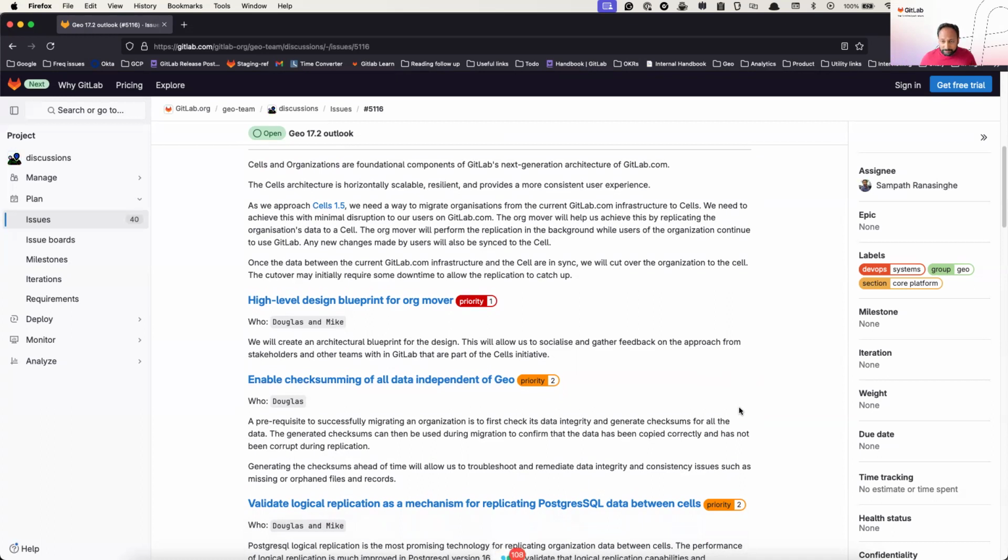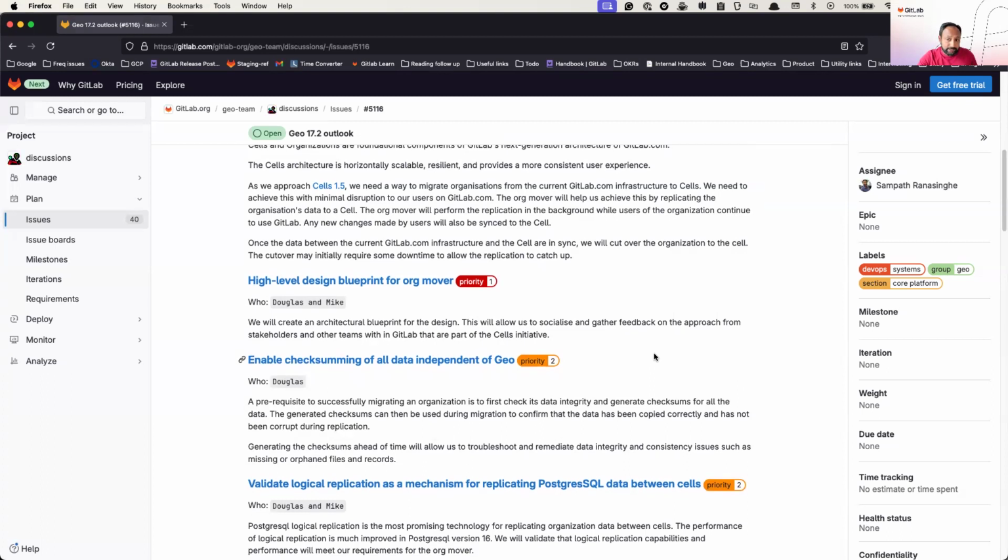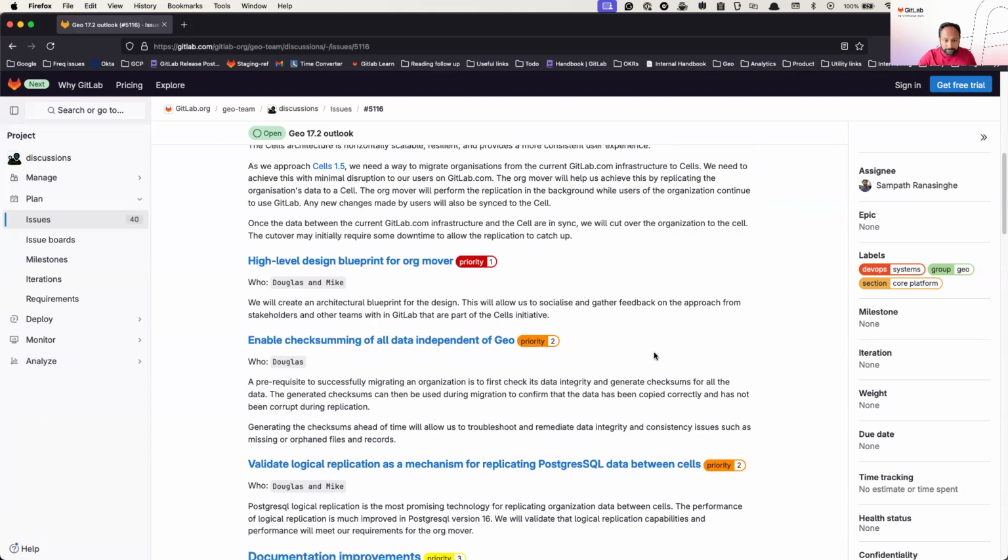And the idea here would be to use this background copying, migration, or continuous replication to provide the bulk of the capabilities to migrate the data across, and then take a small amount of time initially to switch over the customer to a cell. Long term, we want to minimize the downtime to 0, but we will make improvements on the downtime iteratively as we make progress.